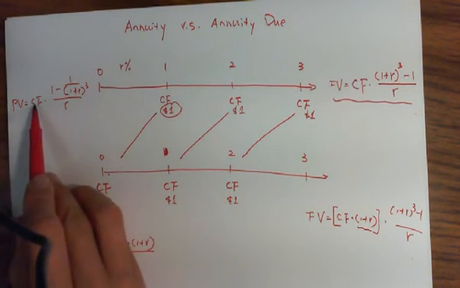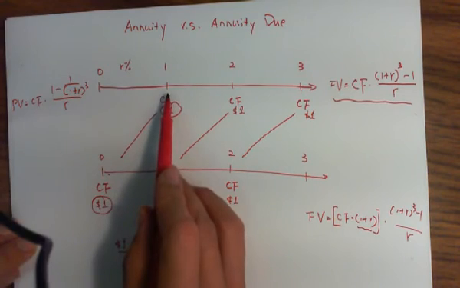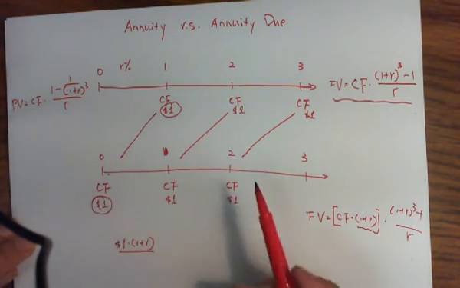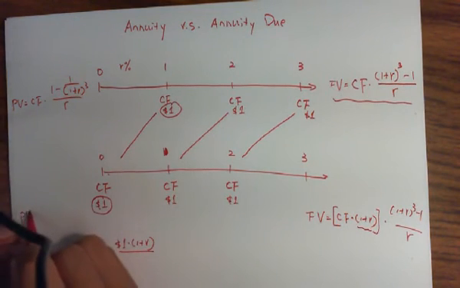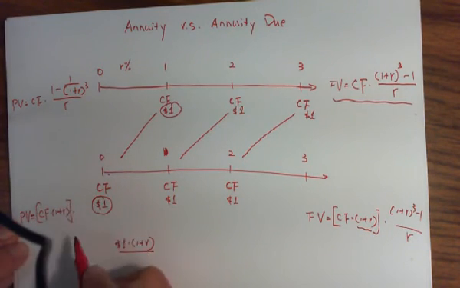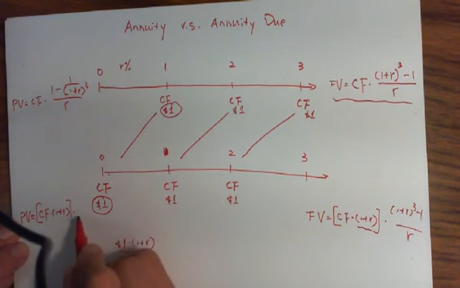The cash flow here happens at the end of the period. Now we have cash flow at the beginning, which is more valuable. So the present value is this one, because each cash flow is more valuable, and then we can multiply by the factor. I will write it down here.